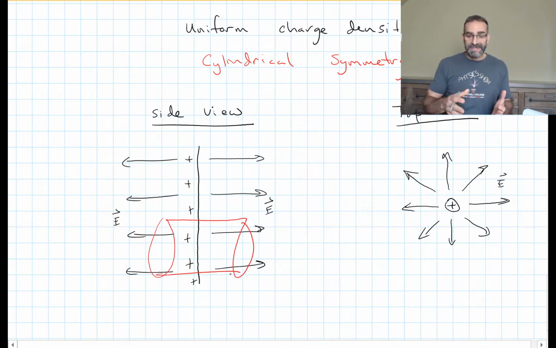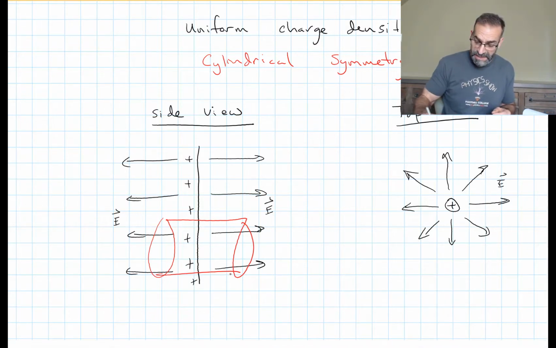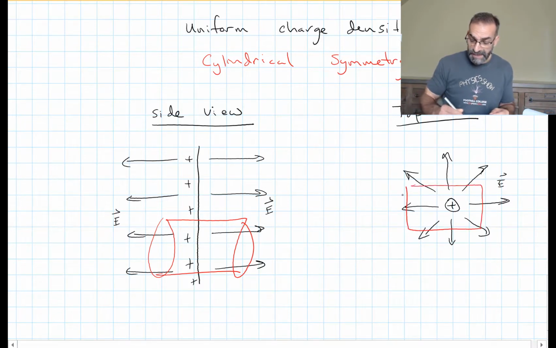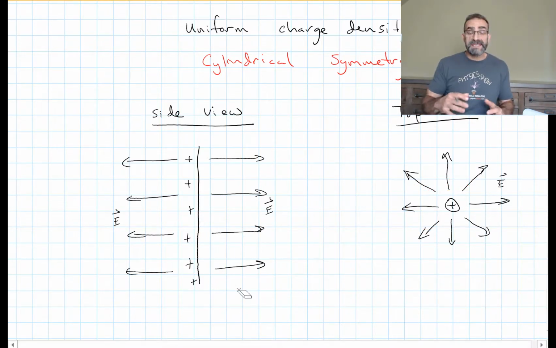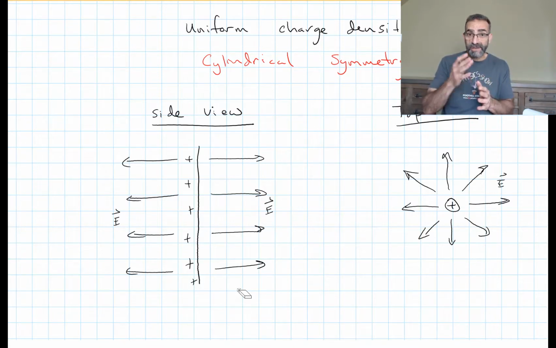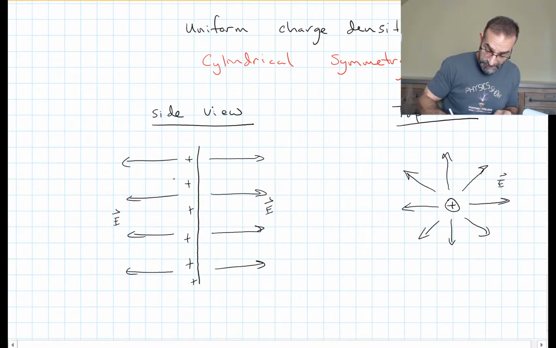That does not match the symmetry of the problem, because if I did it that way, looking down from the top, the cylinder would be shaped like this, and the electric field would have a different value at each of these points and a different angle at each of those points, and it would be a very difficult integral to solve. The angle's changing, the magnitude is changing. I have to pick a symmetry that matches the problem. I have to orient my Gaussian cylinder with the axis along the charge distribution like this.